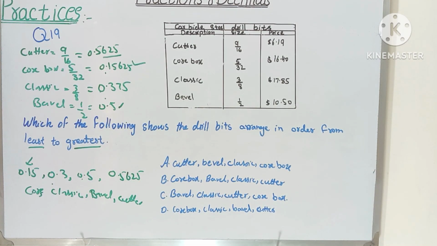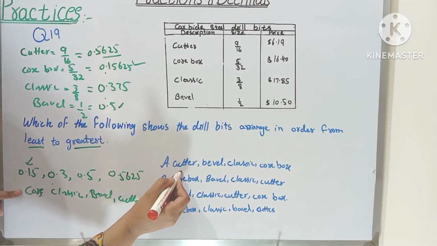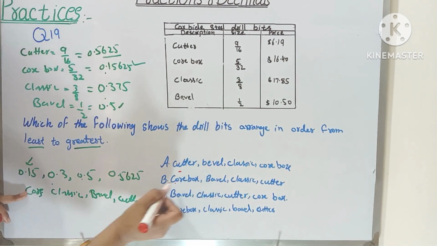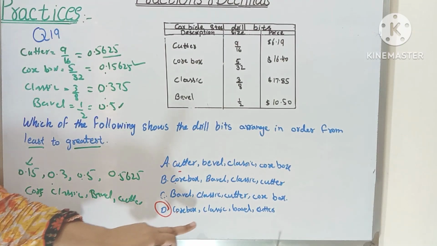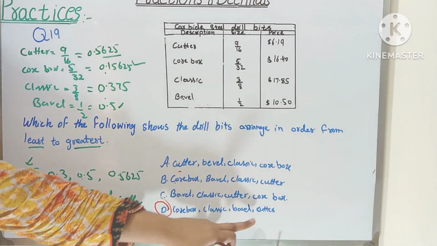Now, in which option do we see this arrangement? Cutter, no. Core box, bevel, no. Classic. This corresponds to option D: core box, classic, bevel, and then cutter.